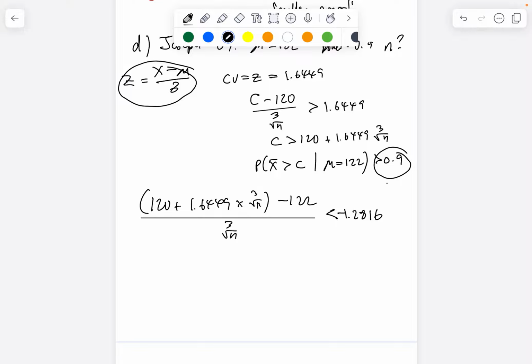That means that I'm actually looking at 10%. Okay, and remember, because we're using a standard normal, this is symmetrical.